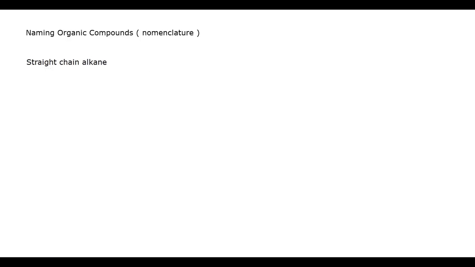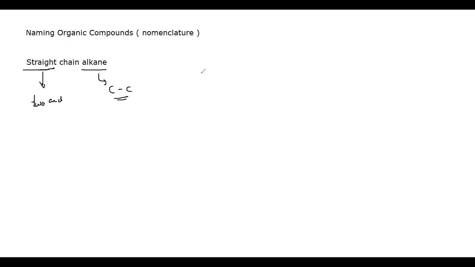So what you can identify from the name. When I say straight, what does it mean? How many ends will be there? It will have two ends. And when I say alkane, alkane means throughout the chain between the carbon atoms there should be a single bond. We call that a straight chain alkane.